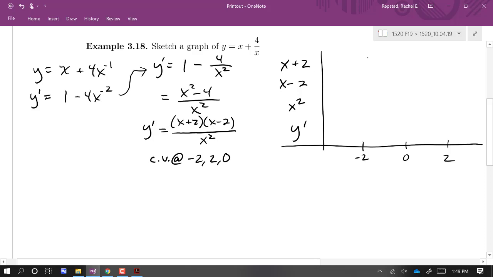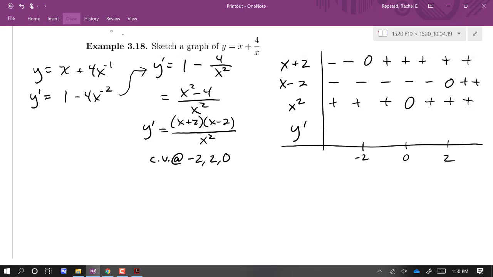x plus 2 is 0 at -2, negative on the left, positive on the right. x minus 2 is 0 at 2, negative on the left, positive on the right. x squared is 0 at 0, but it's positive everywhere else. Now in this bottom row, look at how I'm indicating this.